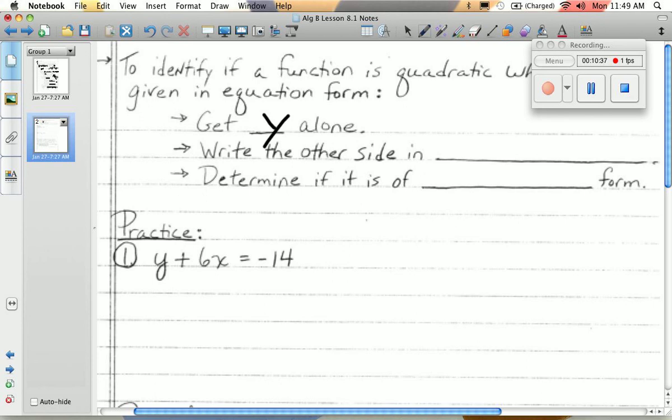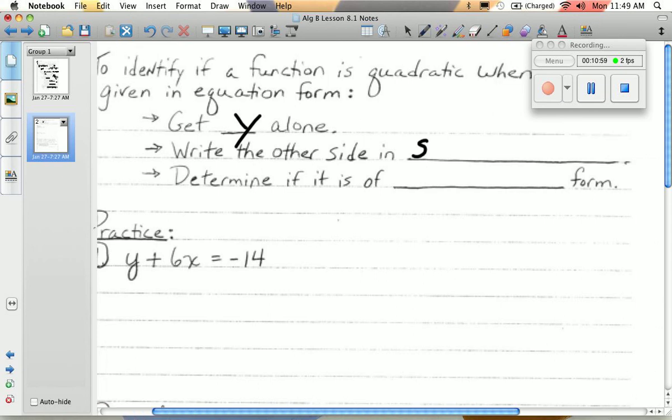So if the y is not alone in the equation by itself on one side, like we did in linear equations, remember we used to get y by itself and put it into slope-intercept form. We can do the same thing in quadratic functions. We can get the y by itself. We don't talk about slope-intercept form anymore though. We write the other side in standard form. So we want it in ax squared plus bx plus c form.